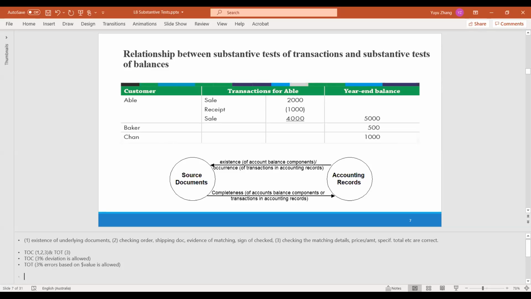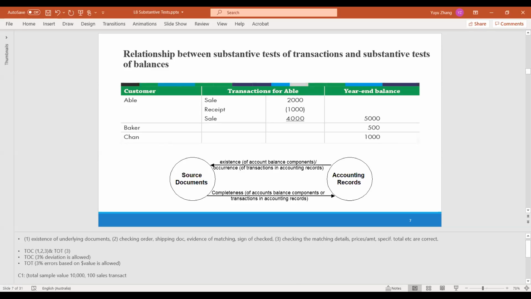So case 1. Total sample value, sorry, should be 100 sales transactions.